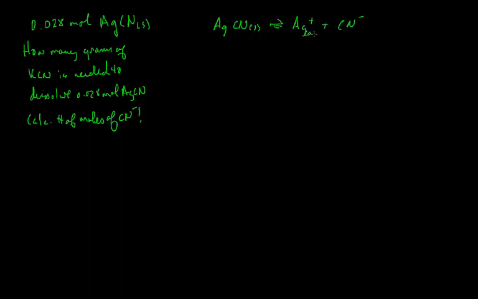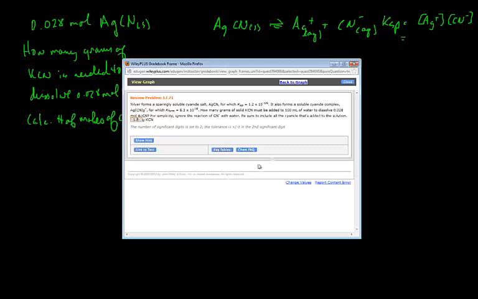This is aqueous, and this is aqueous. And the Ksp for that is going to be the concentration of silver times the concentration of cyanide, and that equals 1.2 times 10 to the minus 16th.